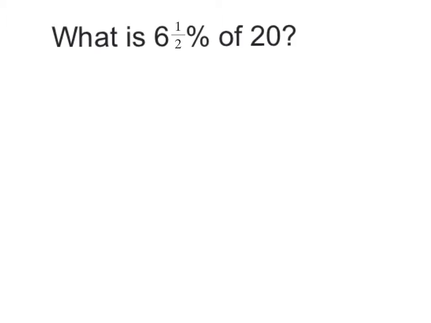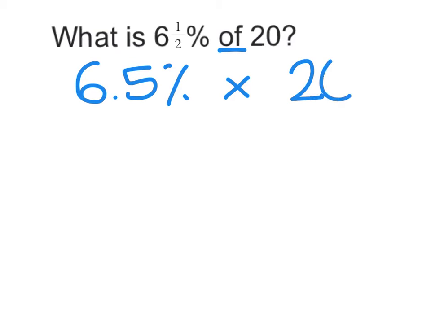First thing we want to do is switch 6.5% to a decimal. So that would be 6.5%. Remember, of means multiply, and 20.